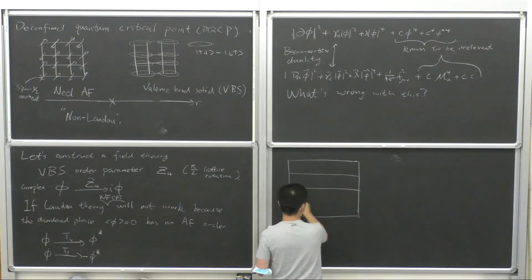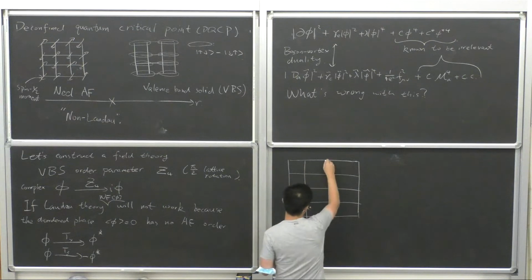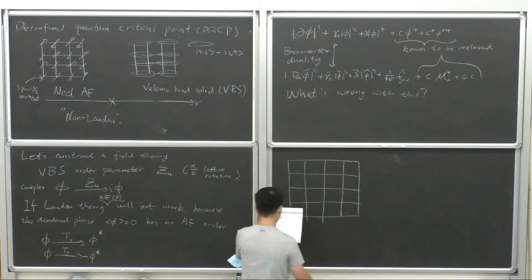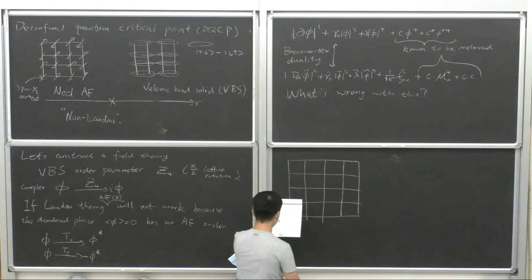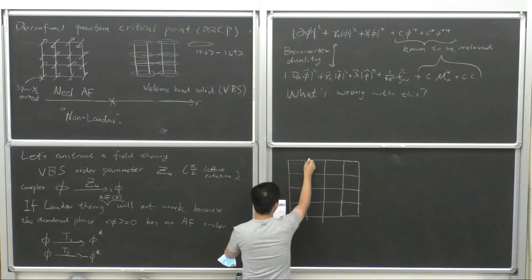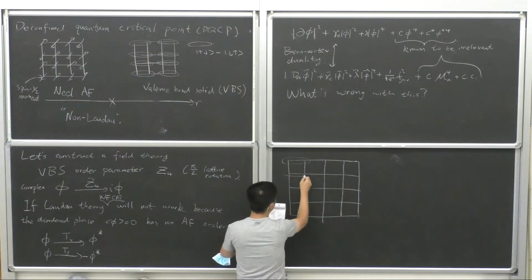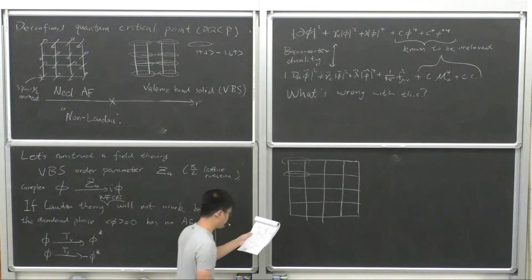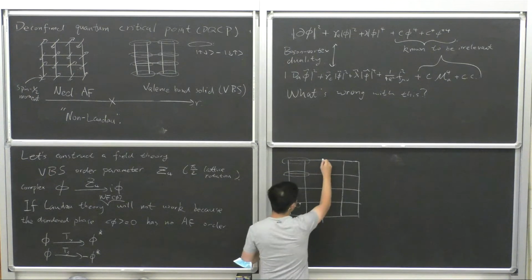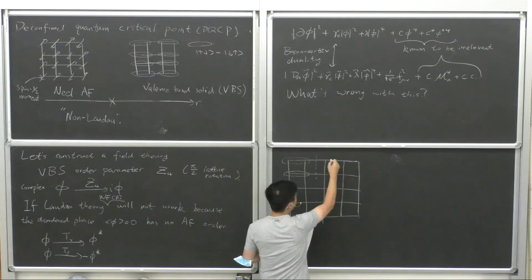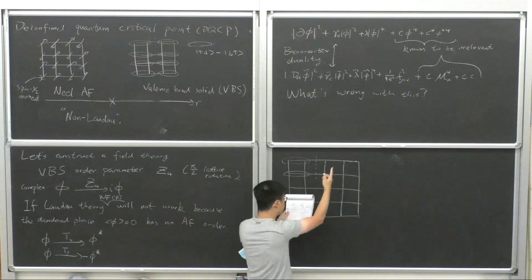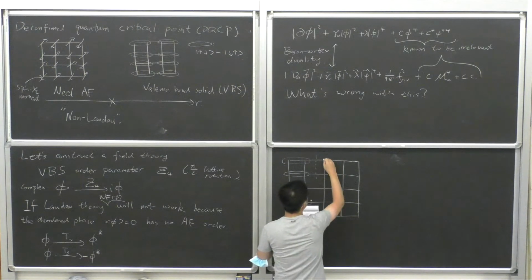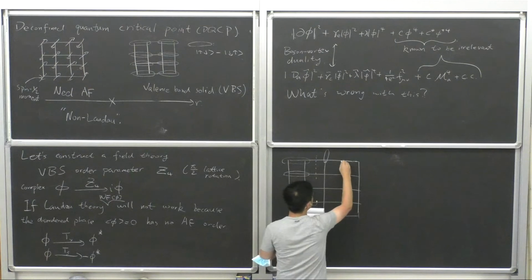But it takes some time to draw it right. So let me say I have this kind of valence-bound solid pattern. But starting from here, I want to rotate it 90 degrees. So instead, I have like this.